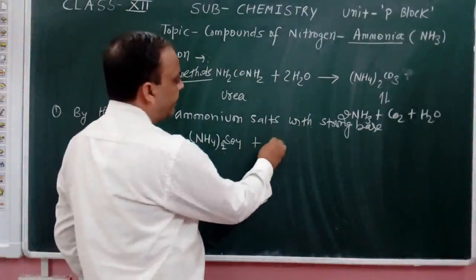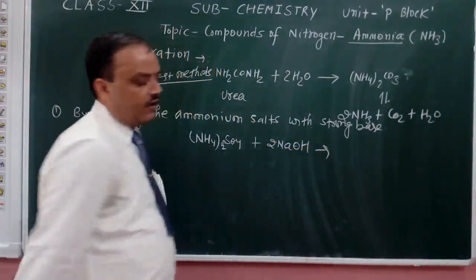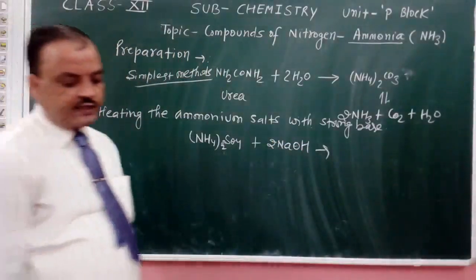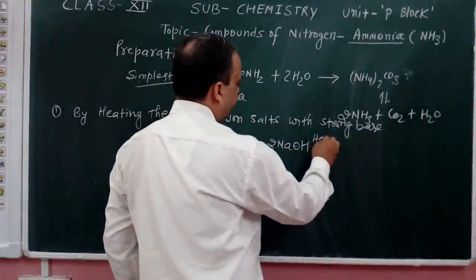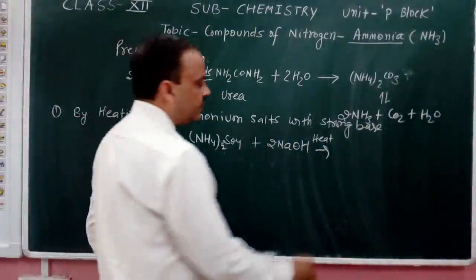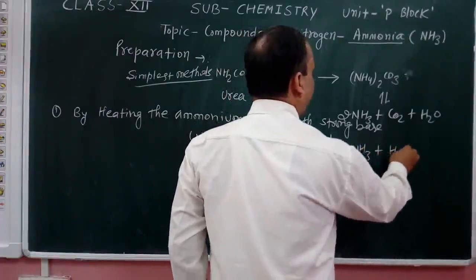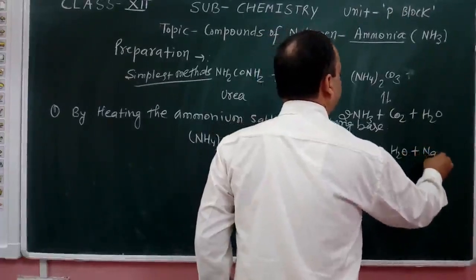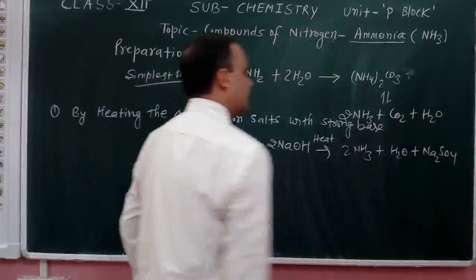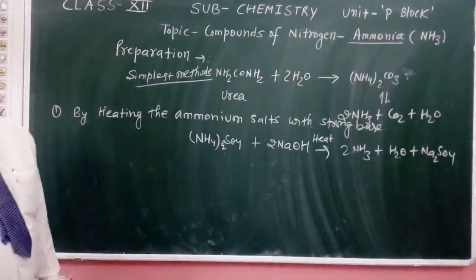When we react this with NaOH, which is a base in nature, and heat the mixture of these components, we get ammonia, H2O and sodium sulfate. So that is the product there.